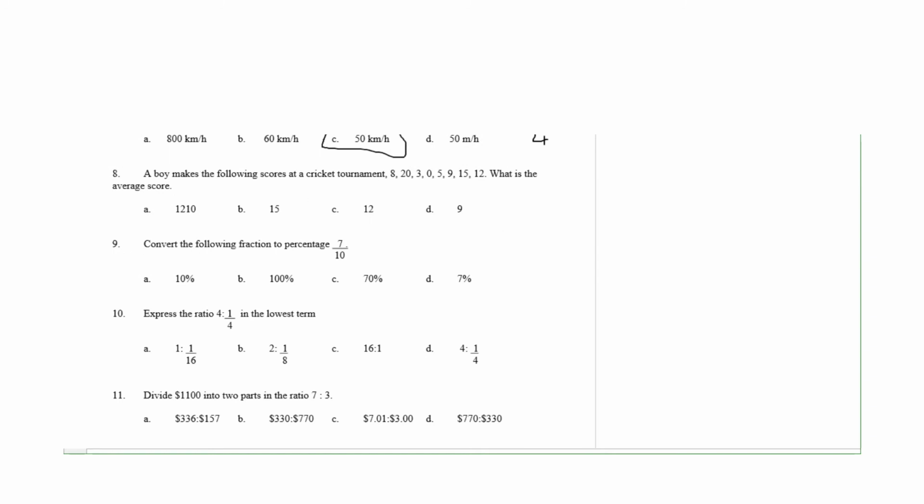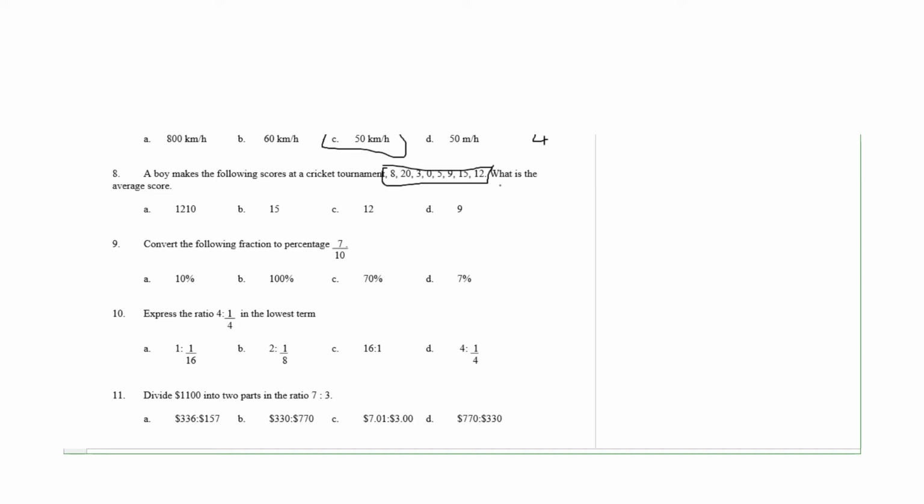Okay, this one says a boy makes the following scores at a cricket tournament. What is his average? To find the average, you're going to add up all these numbers to find the total, and the total that you get, you're going to divide by the total amount of numbers.